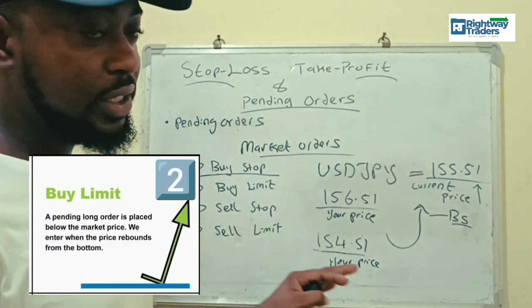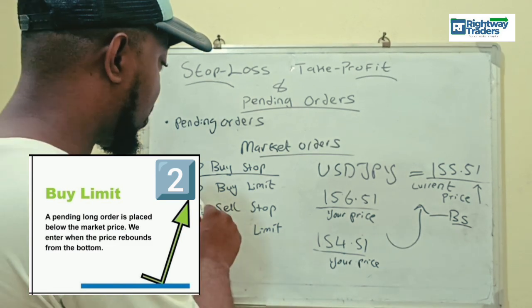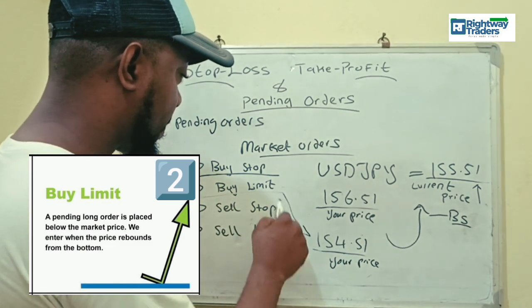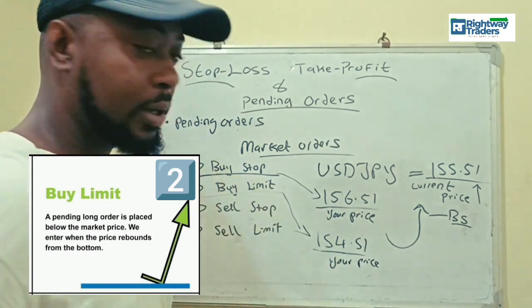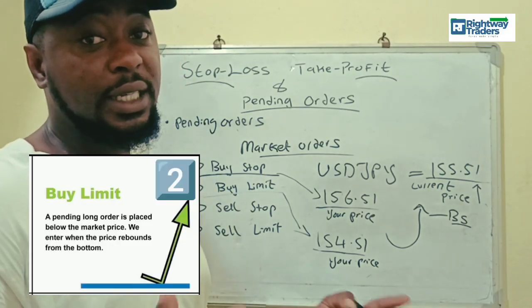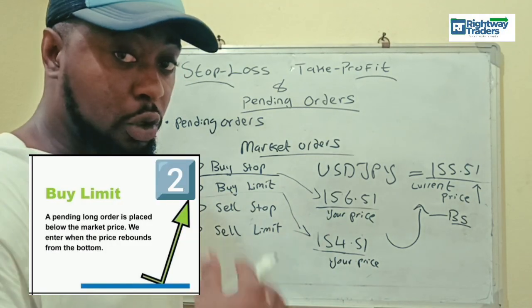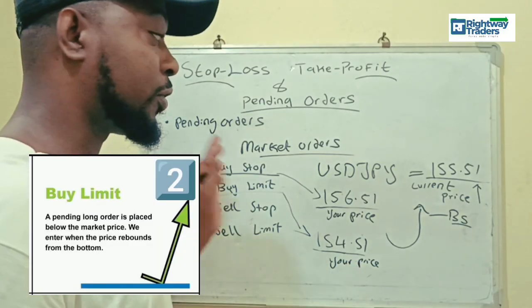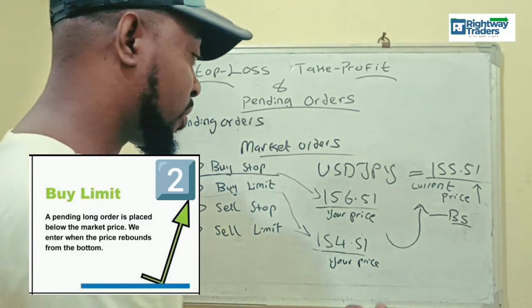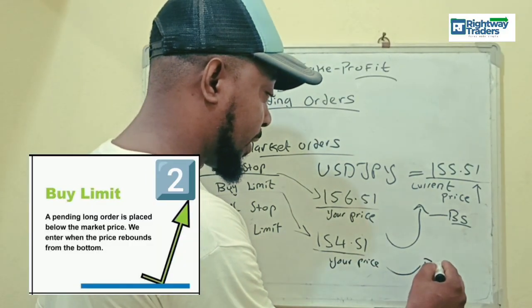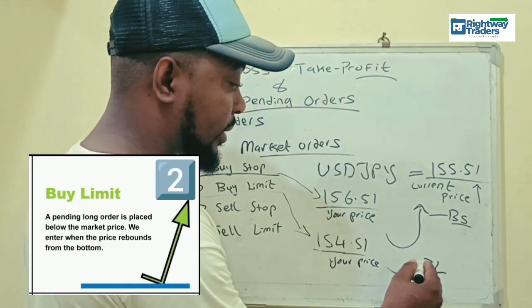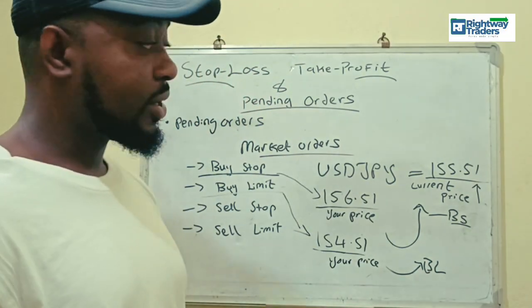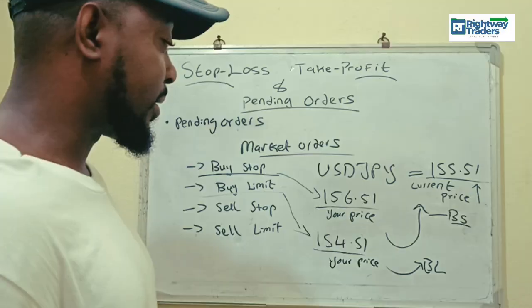You are going to use the buy limit pending order. The buy limit pending order will tell the market that whenever you drop to this position, please buy this product for the owner. That is what buy limit is. Okay, buying at a lower price. You set the lower price other than the current market price.